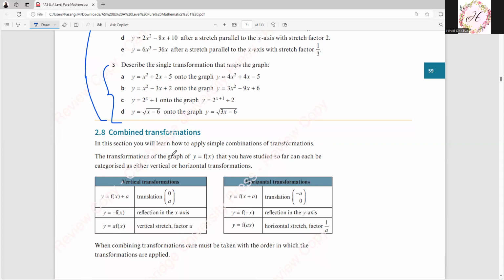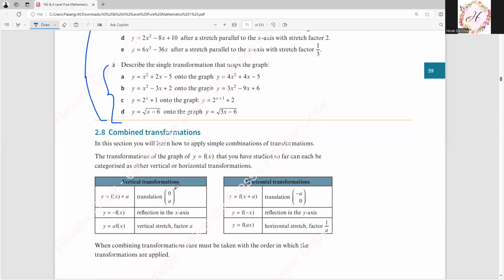The transformations of the graph of y equals f(x) that you have studied so far can each be categorized as either vertical or horizontal transformations. For the vertical transformations, y equals f(x) plus a.